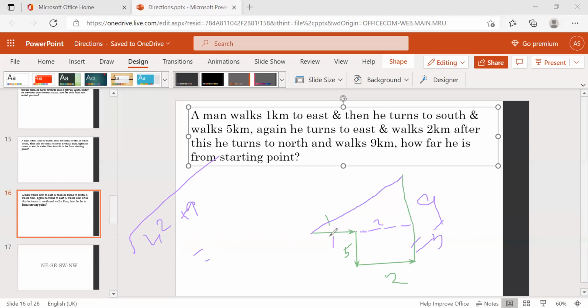Here it is 3, and it is 4, right? 4 square is 16, 3 square is 9, 25. Root of 25 means it's number 5.